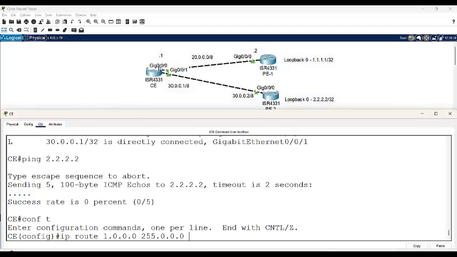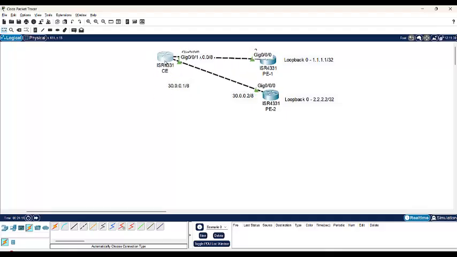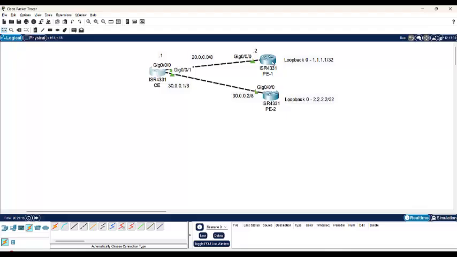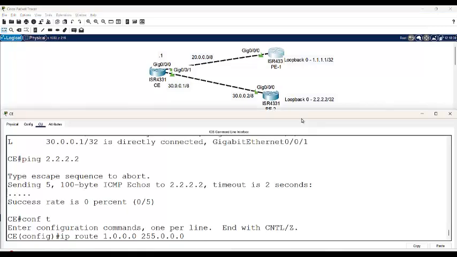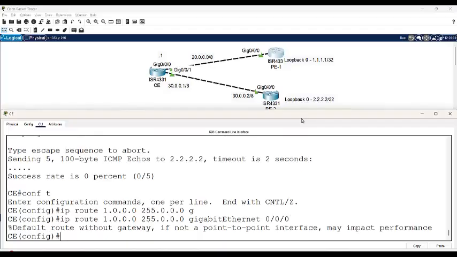It is G0/0, okay? G0/1 is the below link. This may look a little bit confusing. Let me, you see now? G0/0 is the above link that goes to 1.1.1.1. Okay, so send the packet out via G0/0. It is okay, it is a point-to-point link, directly connected to another router.